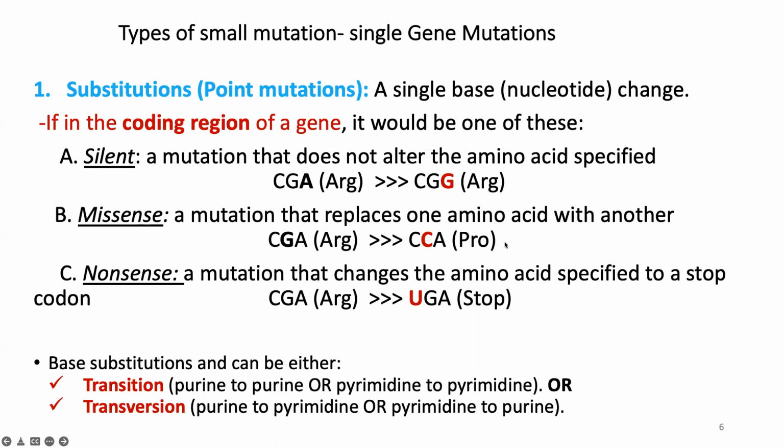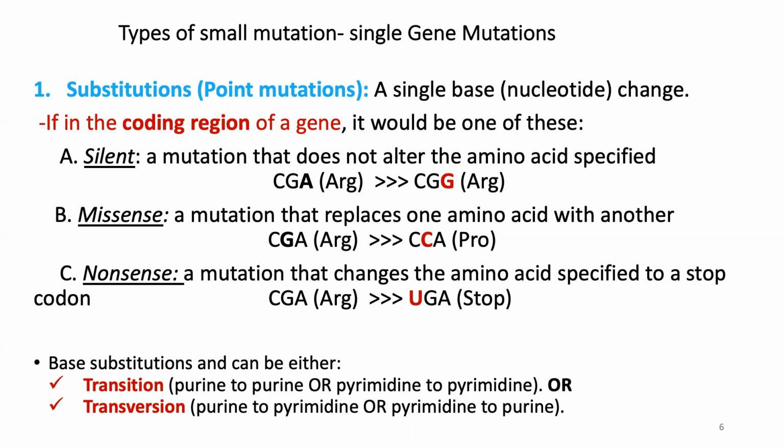Here in the missense mutation, if the new amino acid is structurally and chemical property wise similar to the initial one, then we call it a conservative mutation. But if the change is really different, big, in terms of chemical property, for instance, if one is polar and one is non-polar, then this will be called non-conservative.